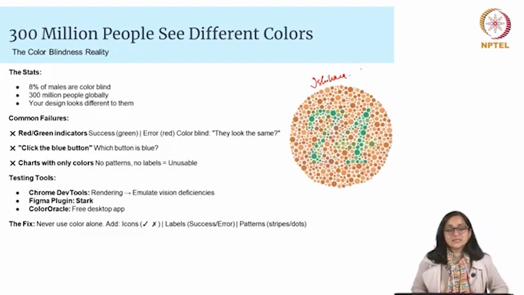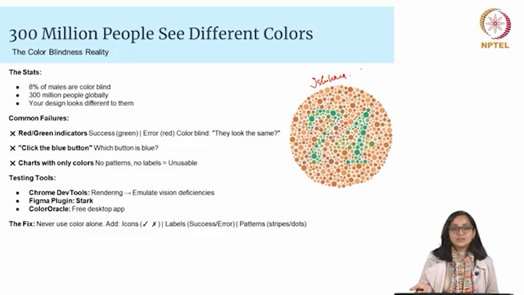This is one of the images. Just guess what number you are able to see. If you are able to see 74, probably you are not colorblind. But if you are not able to see it, I would suggest you take the Ishihara test and you will get to know if you have color blindness or not. And the point is that as developers, we have to ensure that so many millions of people do not get excluded because of incorrect use of colors, right?